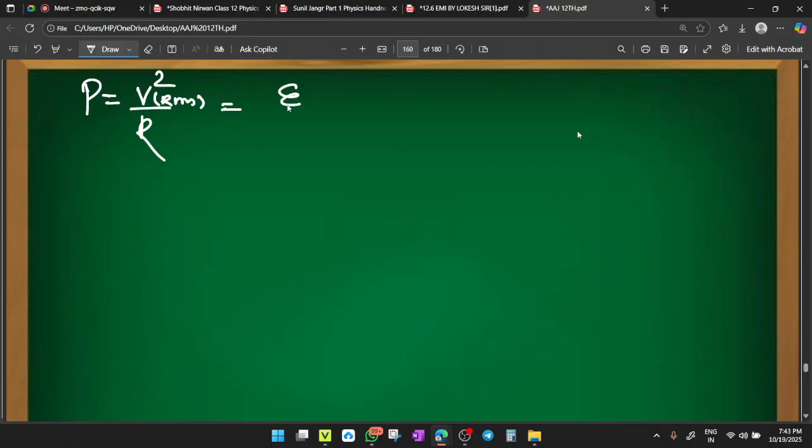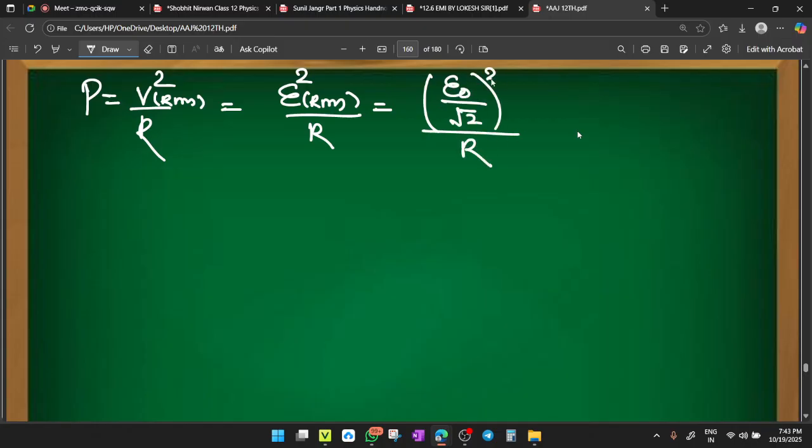So in place of V, there is E RMS squared divided by R, and ERMS equals E naught by root 2. So here E naught by root 2, whole squared, divided by R, equals E naught square upon root 2 square, which becomes 2, multiplied by R.